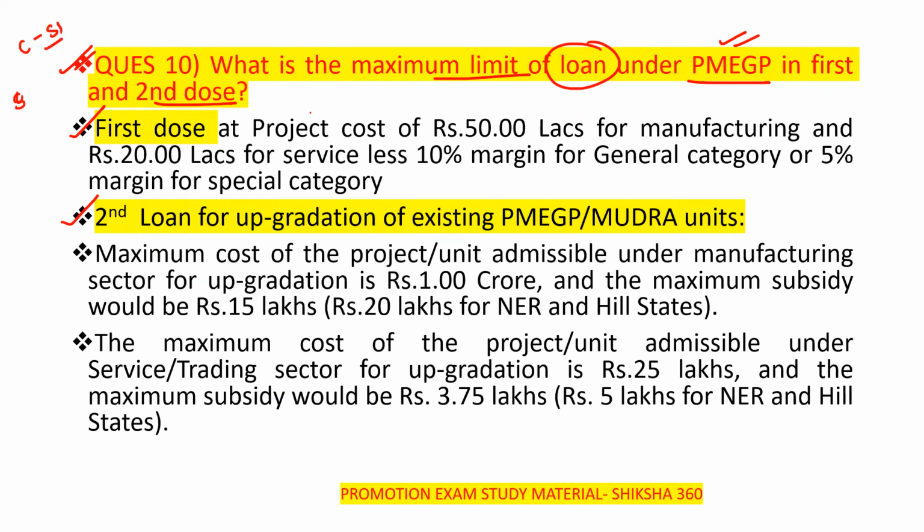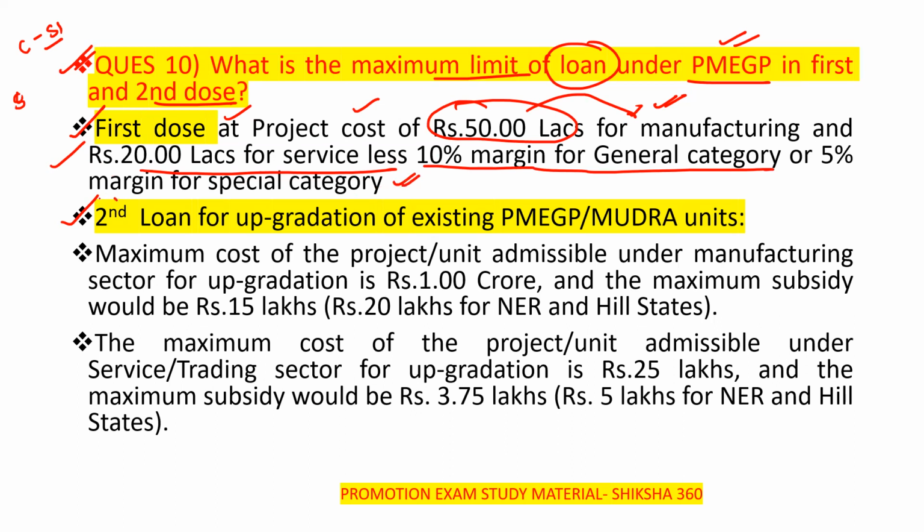So for the first dose, project cost of rupees 50 lakh for the manufacturing unit and 20 lakh for the service unit. Clear? This is the first limit. Under the first dose, the project cost is 50 lakh in the manufacturing sector and 20 lakh in the service sector. And margin here is 10% for the general category or 5% for the special category.